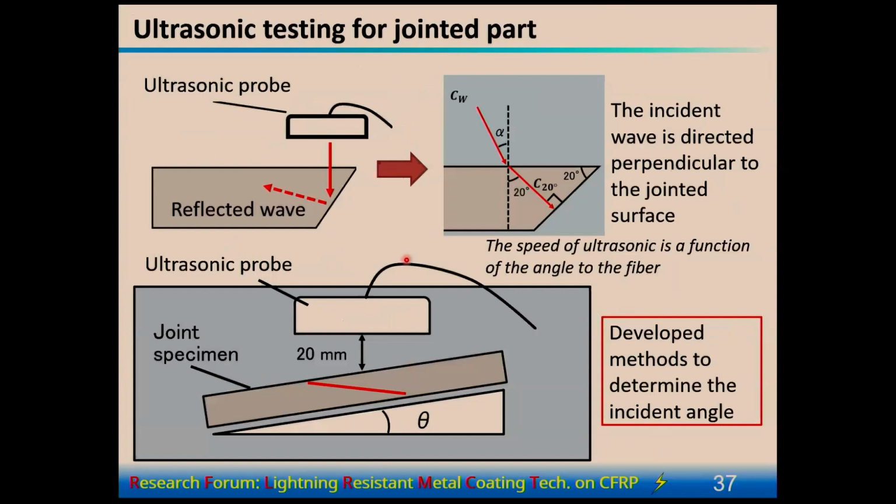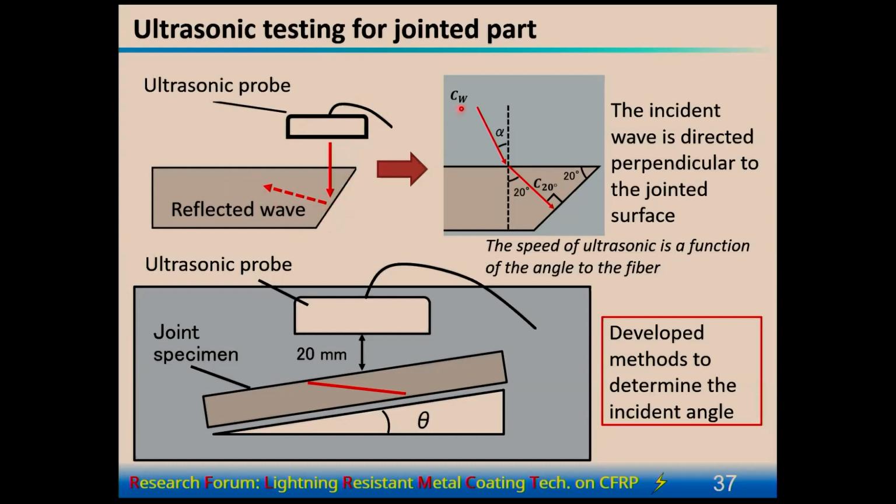When we need to inspect the joint part of the pressure vessels, this bonded surface is inclined. If we put an ultrasonic probe on the surface, the reflected waves do not come back.